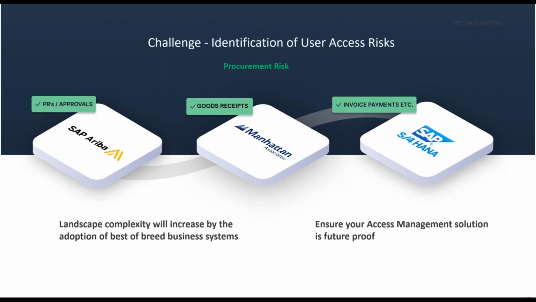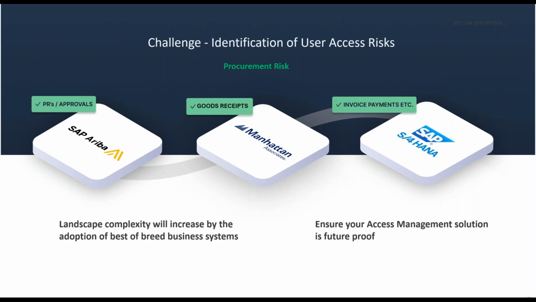Point being here, of course, we need to have a strategy that works for today and tomorrow, meaning some sort of a consistent, repeatable approach that can be extended over time to end business applications. You do not want to have to start over or have siloed solutions as these challenges increase going forward and additional best-of-breed applications are adopted.